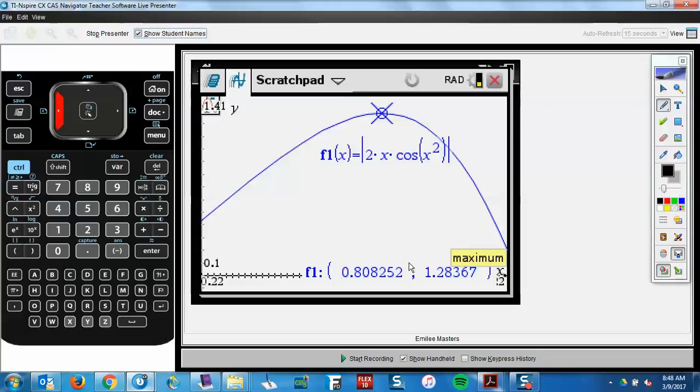But if we assume the y values of this f prime graph are 1.28367, they clearly aren't. So would you be safe doing 1.28367 as your max f prime? Yes, you would be safe in that.